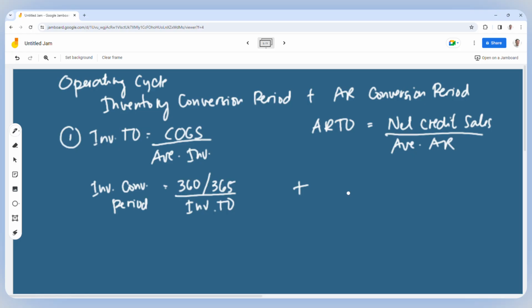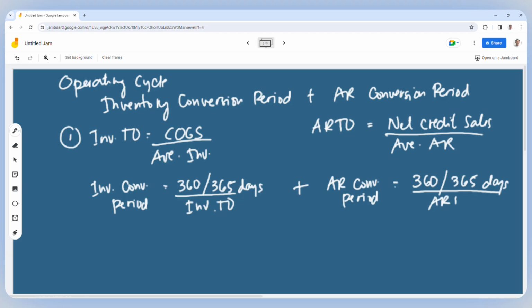How do we compute the AR conversion period? Depending on the days, whether 360 or 365, just divide it by your AR turnover.